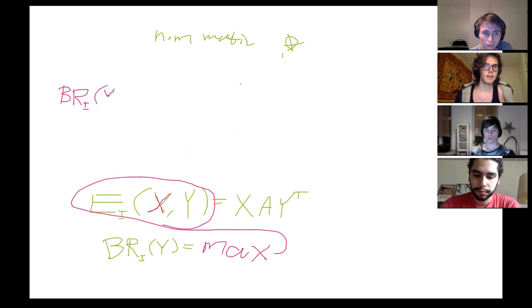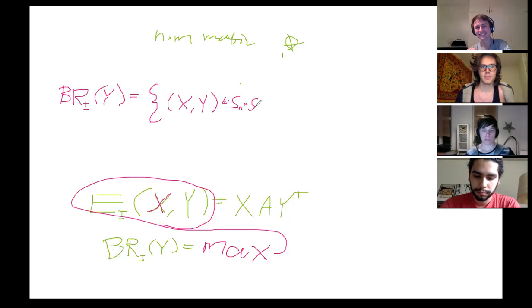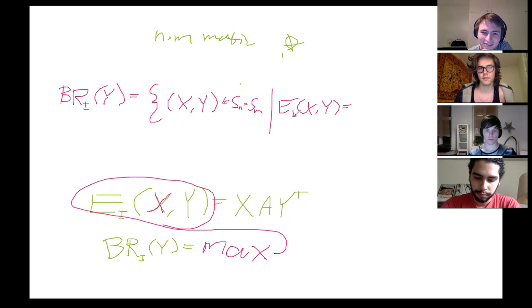BR1 of Y consists of all of the X in this probability space that we know, that satisfy that E of X and Y is equal to the maximum over matrix 1, if you maximize over P in this probability space.